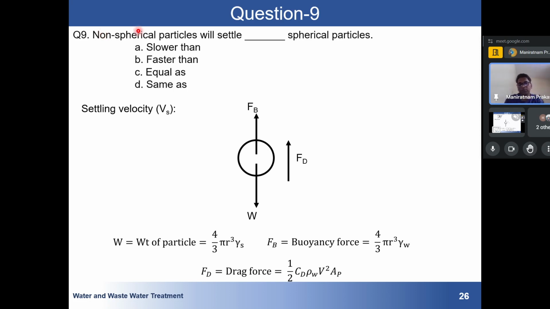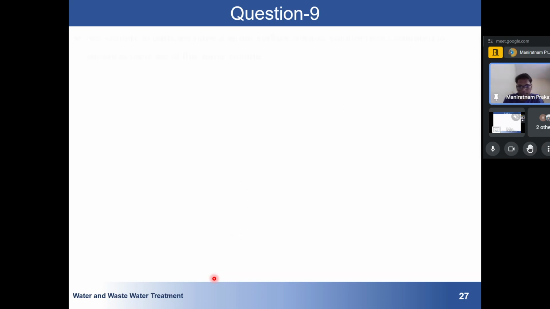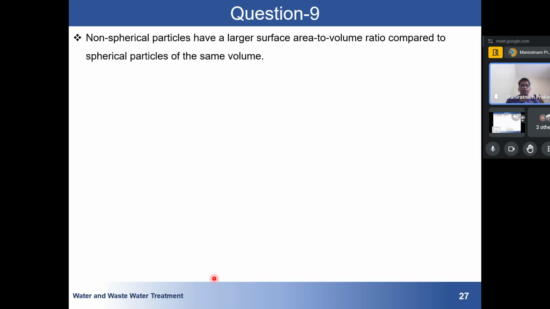If it is x meter cube, then this is also x meter cube. So the weight of the particle is the same, the buoyancy force on both particles is the same, and the density is also the same. What will be changing? We will be changing the drag force. How will we be changing the drag force?